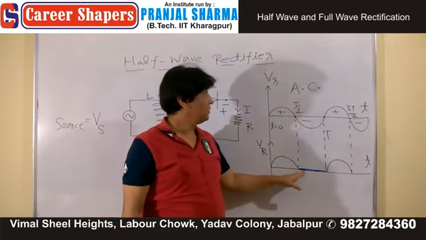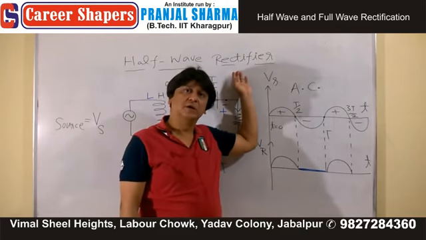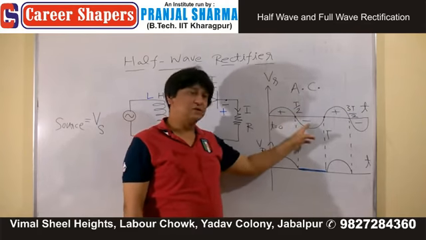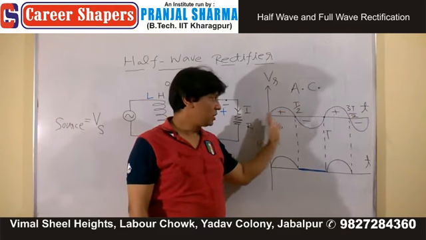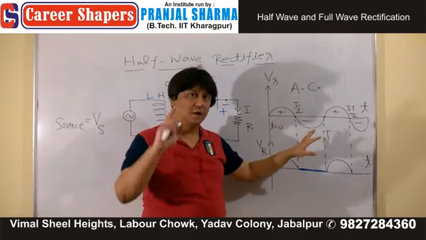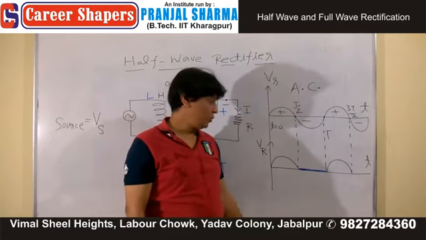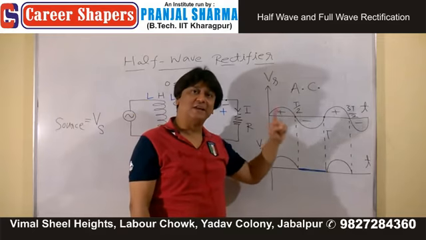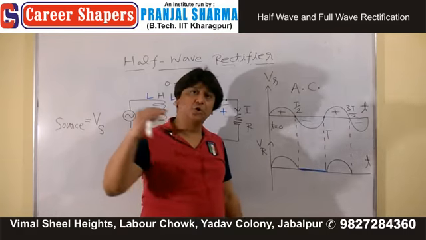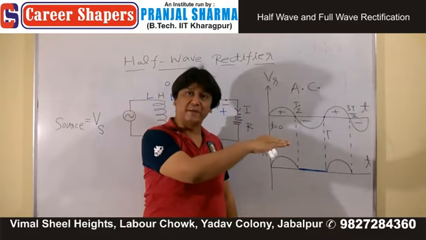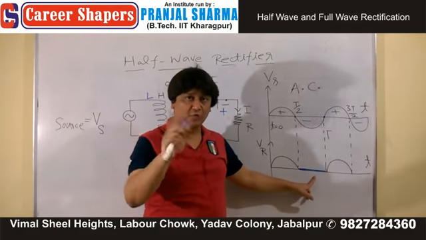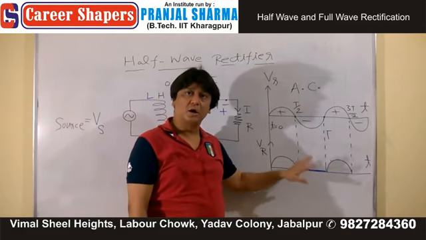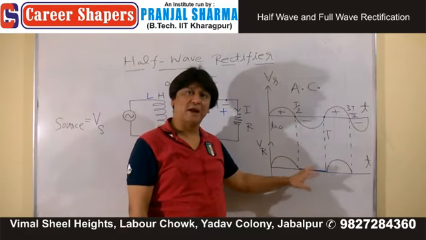This type of rectification is called half-wave rectification. It was an alternating current, alternating between plus and minus, but now it is alternating between plus, 0, plus. That means there is no negative current. Current is only flowing in the same direction or it is not flowing at all. This type of rectification is called half-wave rectification.